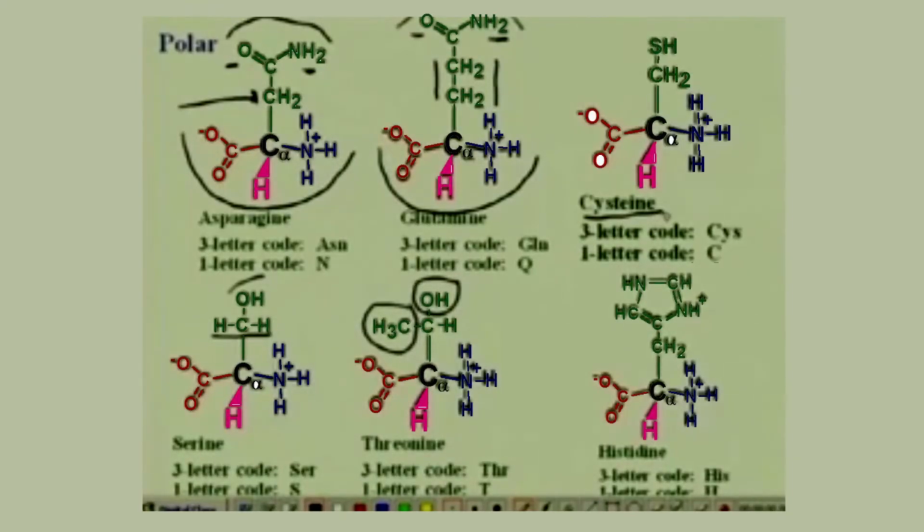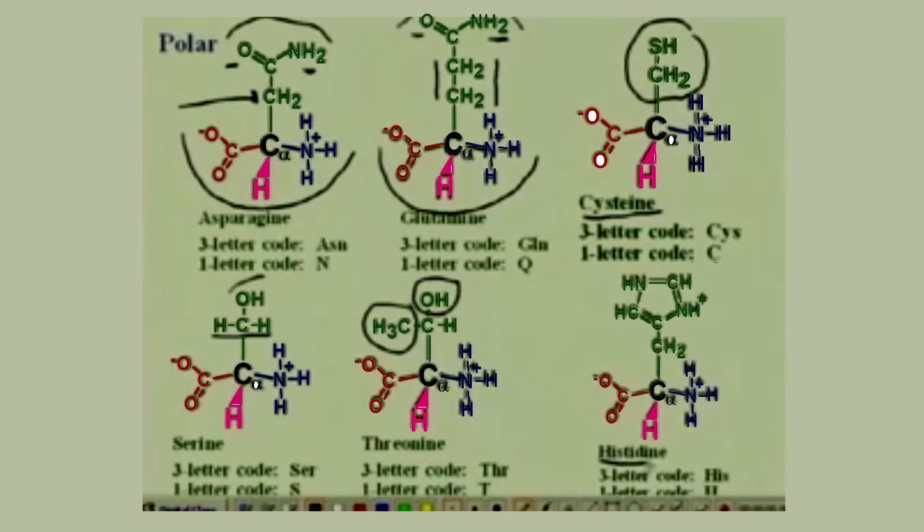Cysteine is another of the amino acids that has a sulfur atom. The other one that we saw on the previous slide was methionine, that also had a sulfur atom, but to the sulfur was attached a methyl group. Here we have a hydrogen atom, making this a thiol. So, we have a CH2SH.